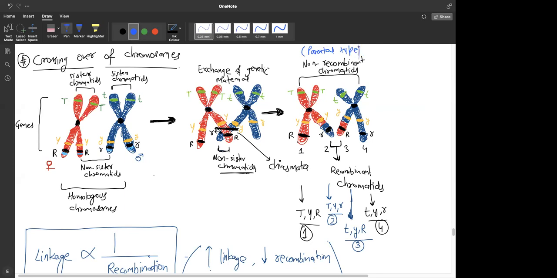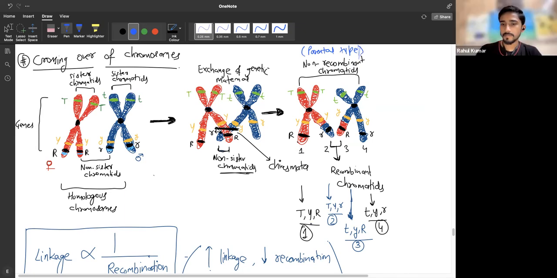Do you realize? This one, capital T, capital Y, capital R is just like the parents, right? And small t, small y, small r is like the parent. Whereas these two, 2 and 3, they are recombinant chromatids. They are different from the parents. They give rise to variation.